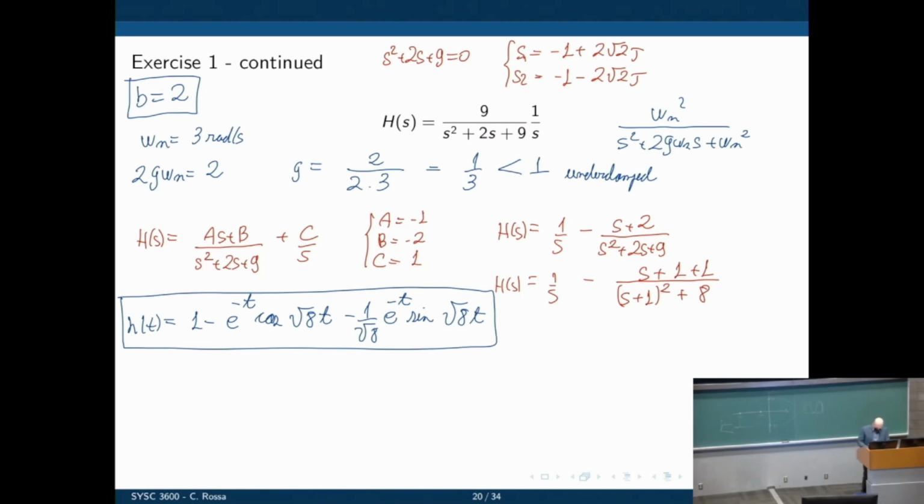We can plot this, and because this is a step response, this is tending to 1. This is h of t, and this is t. It's tending to 1, but it now has some oscillations. It's going to oscillate a bit before it settles.